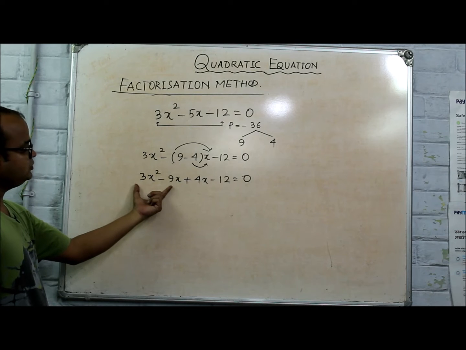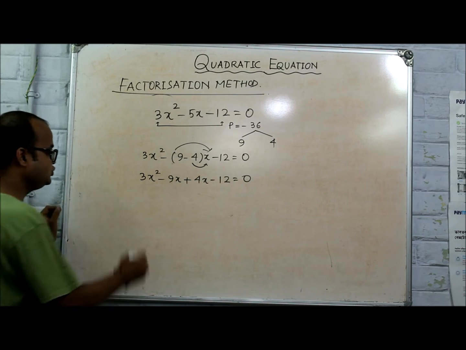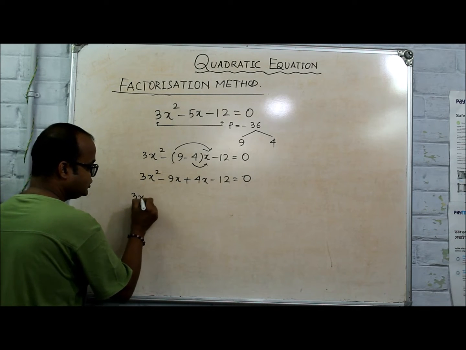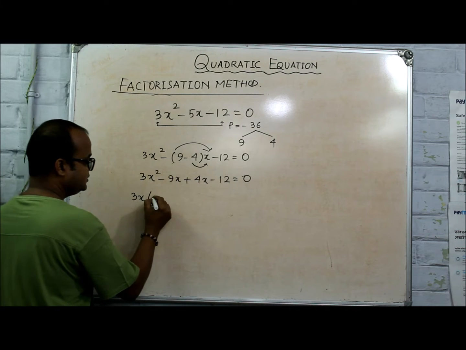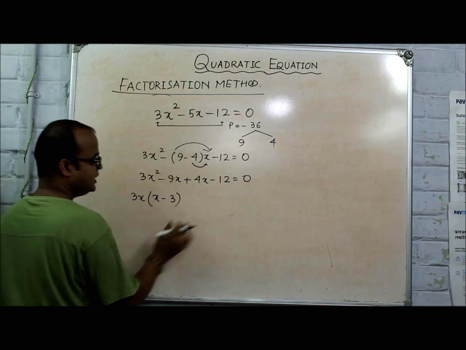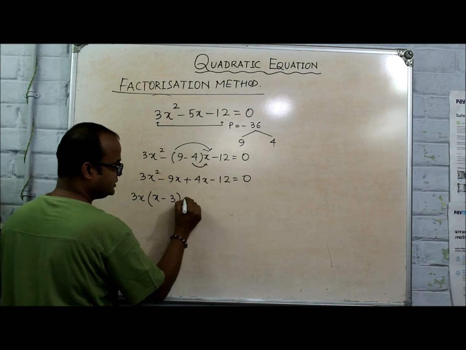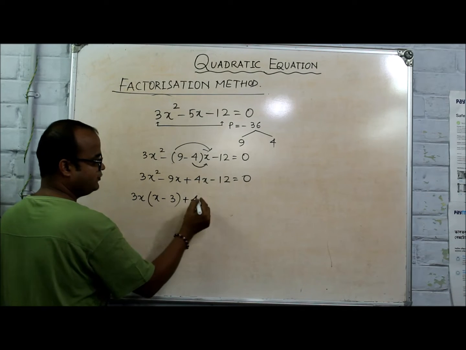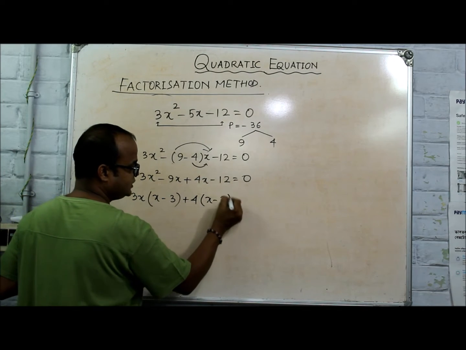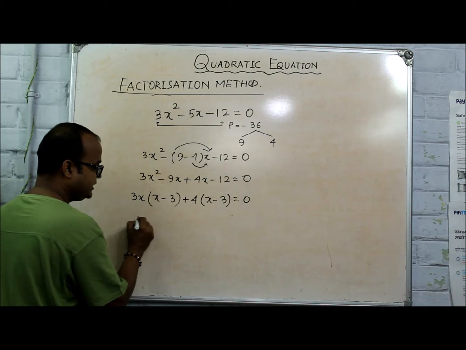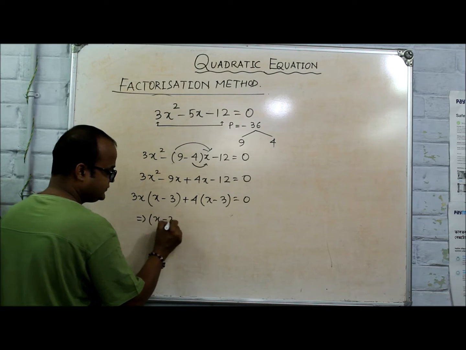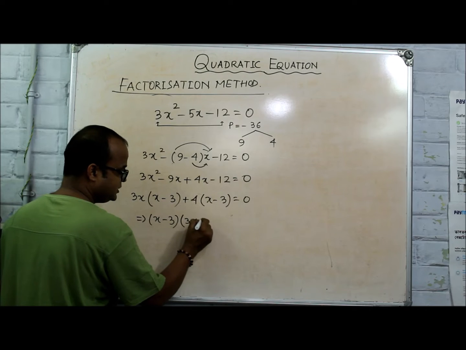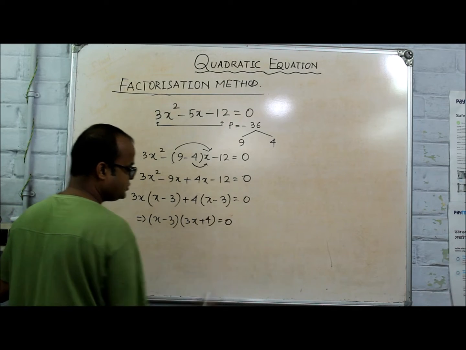As usual we need to take the common from the first two terms. So from the first two terms we can take 3x common, x minus 3, and from the last two terms we take 4 common, so you get x minus 3 is equal to 0. It implies x minus 3 and 3x plus 4 is equal to 0.